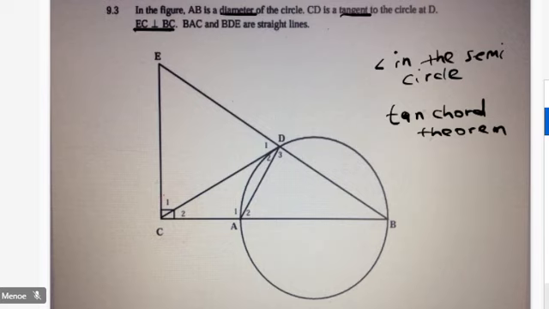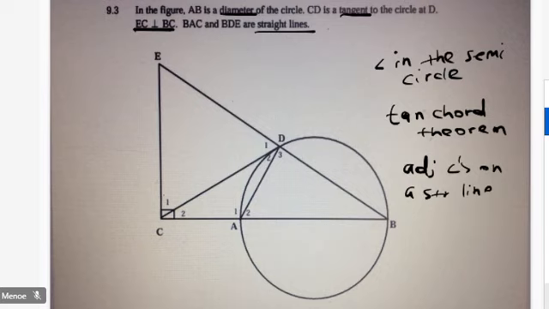So we can proceed. Then they say BAC and BDE are straight lines. What can you say about straight lines? You can give the reason: adjacent angles on a straight line are supplementary.